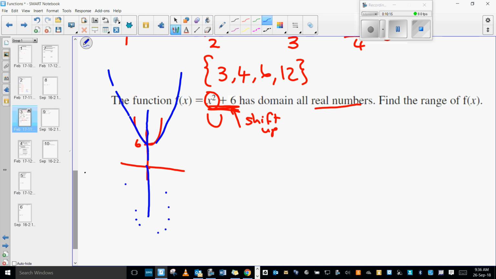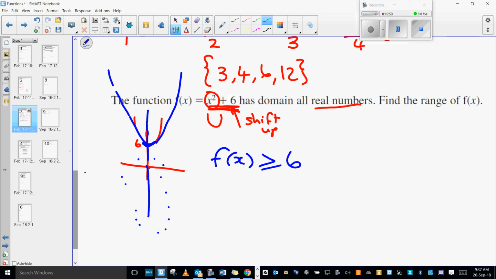No. So my graph can be any number on the y-axis, but it has to be greater than which value? 6. Yes, it can be equal to 6. So our range is that f(x) is greater than or equal to 6, because our parabola did sit on the number 6. So that's all you'd have to write.